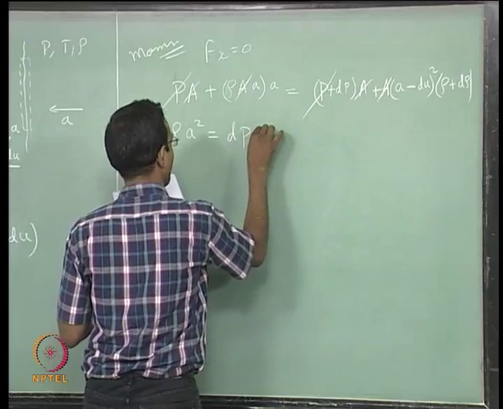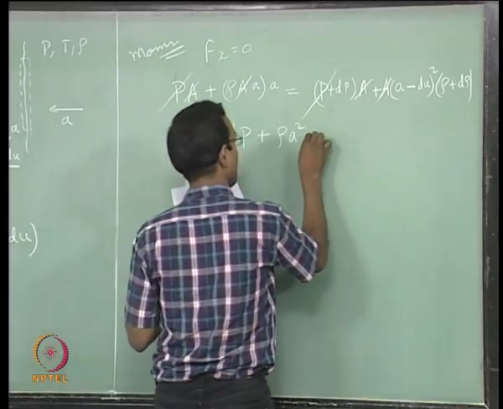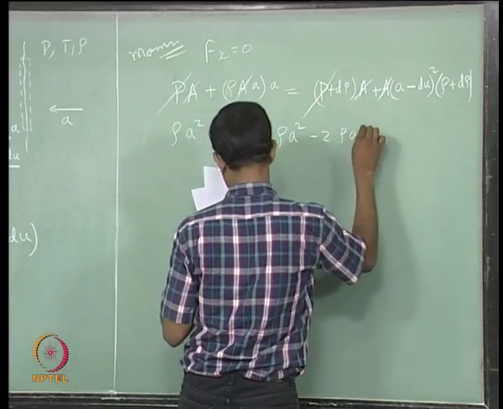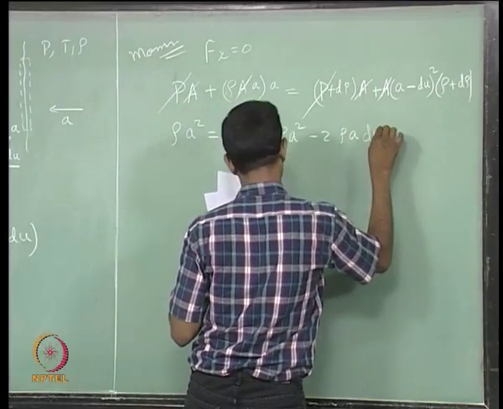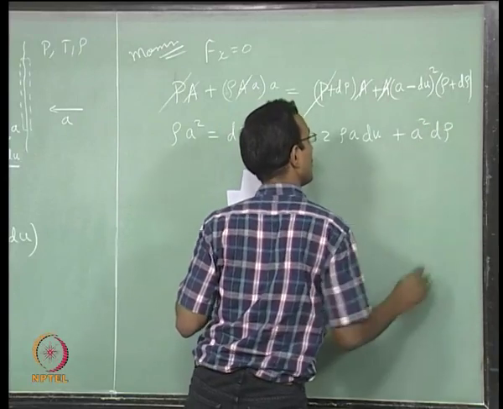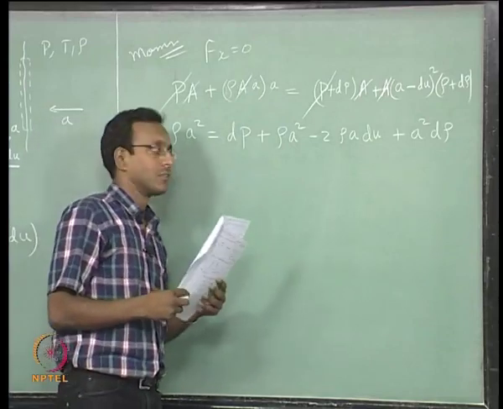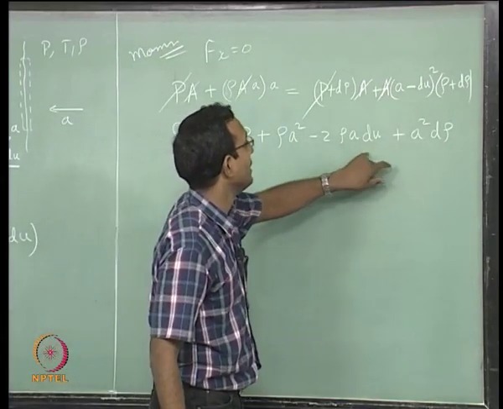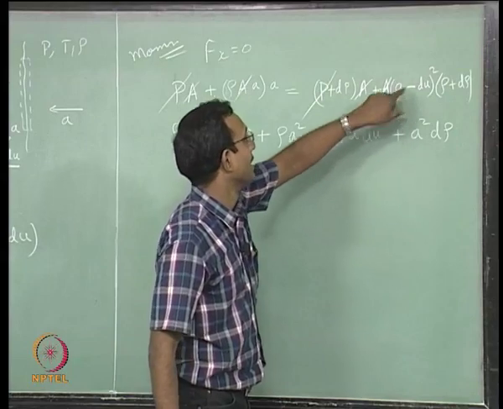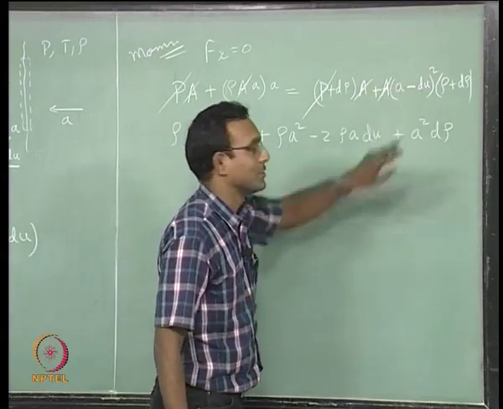First term is just dp plus all the higher order terms which we can neglect. Other higher order terms will be du times d rho times a, that is one particular term. Like that I can have different possibilities.